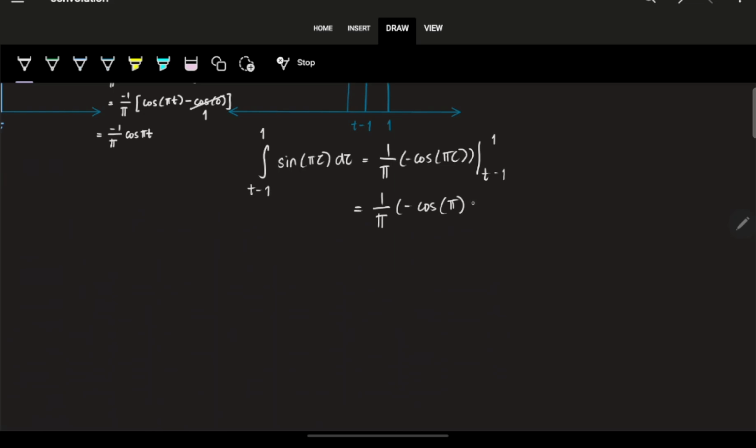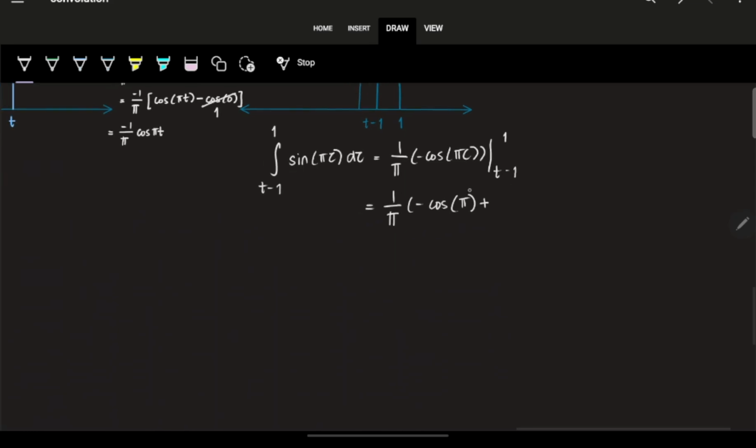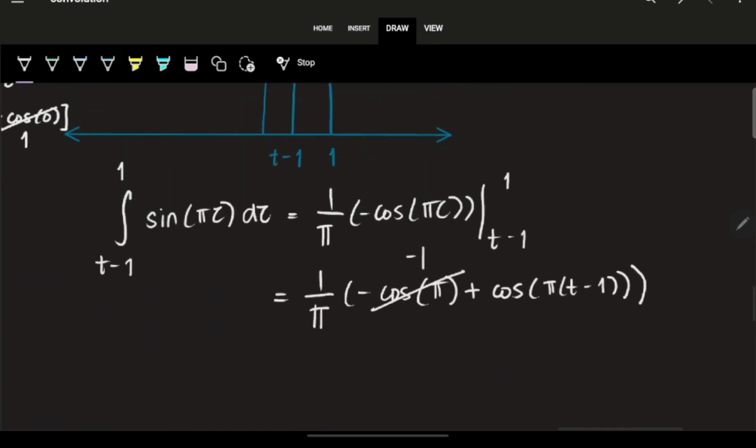Then we have plus, kasi hindi ko tinake out si negative. Dito kasi kanina tinake out si negative kaya siya naging minus. So in this case, we have cosine of pi t minus 1. Okay? So, cosine pi, definitely this is equal to negative 1. So, negative times negative will become positive.